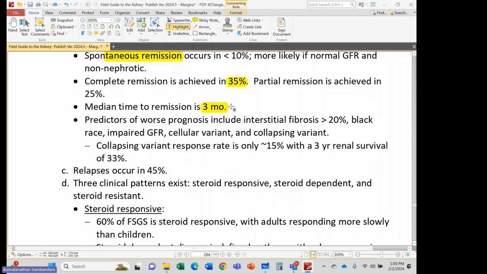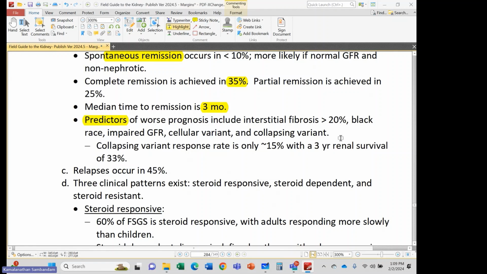In FSGS, you're committing to about 12 to 16 weeks, 3 to 4 months of high dose steroids, because it takes a while for these patients to remit. It's quicker again in pediatric patients, and so they don't typically use 3 to 4 months in the pediatric population before calling somebody steroid resistant.